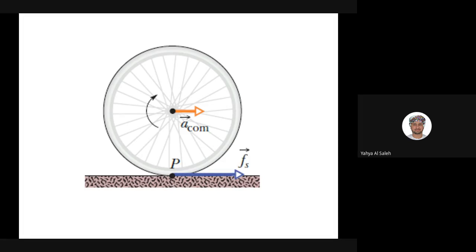This is something rotating, and the friction force is in the opposite direction to movement. If this thing is moving clockwise, point P is moving in this direction, so friction is in the opposite direction. In smooth rolling motion, your acceleration of the center of mass is equal to alpha r.